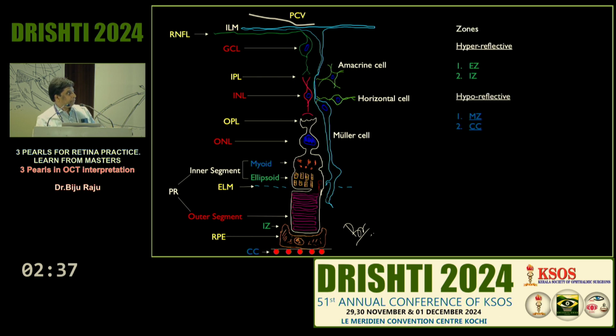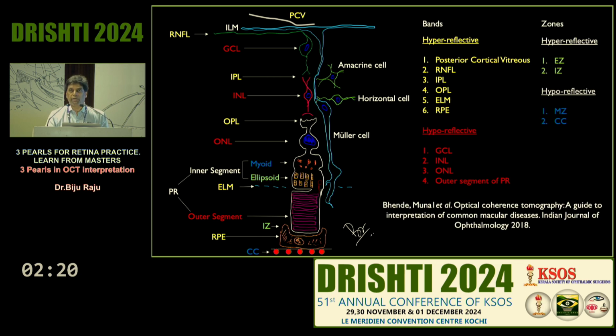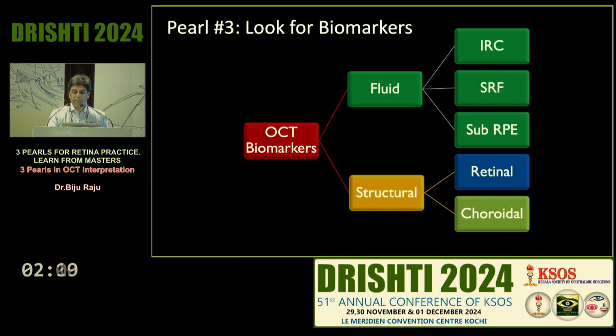And the hyperreflective zones are the ellipsoid and the interdigitating, and the hyporeflective being the myoid and choriocapillaris. These are layers on the retina. We clearly don't have a clear-cut idea what is actually contributing to the bands and zones in the retina on OCT. So this is a summary of the facts that I just mentioned, and this is well described in the article by Dr. Munna Bende in Indian Journal of Ophthalmology.